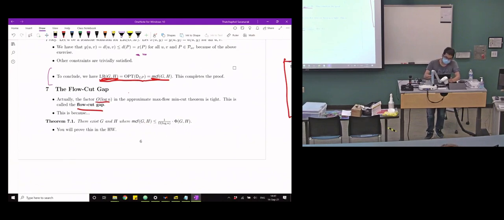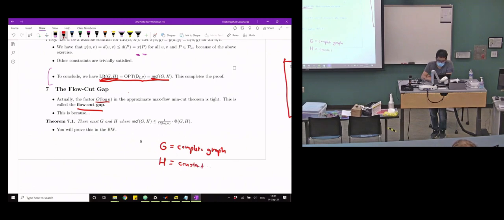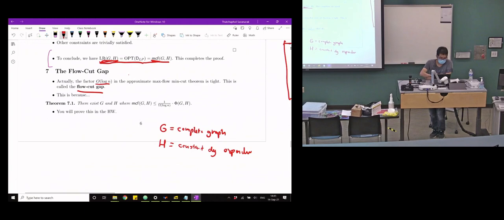Actually G, think of it as a complete graph. And it turns out that when H is a constant degree expander, then you have this gap. But anyway, this will be in the homework.